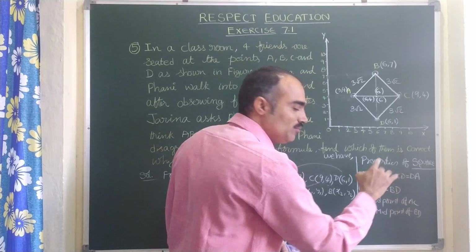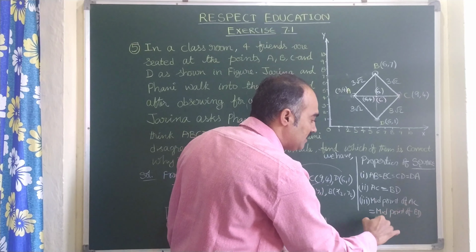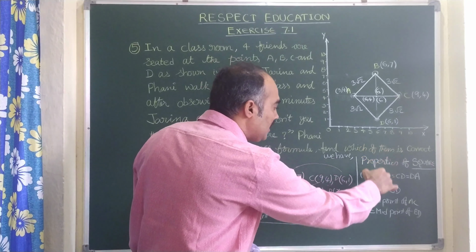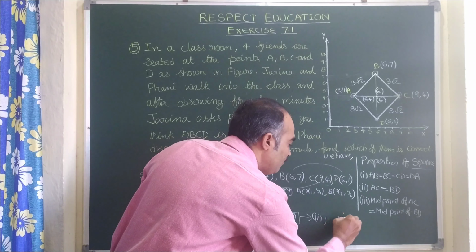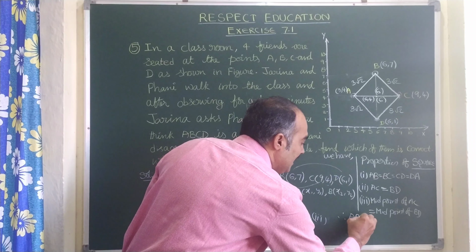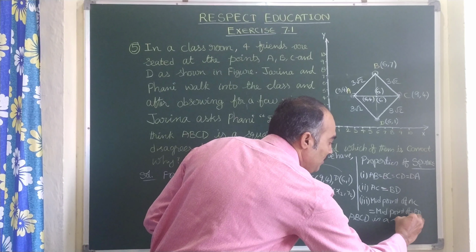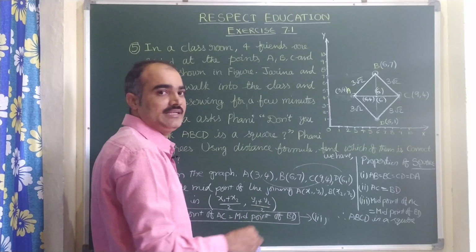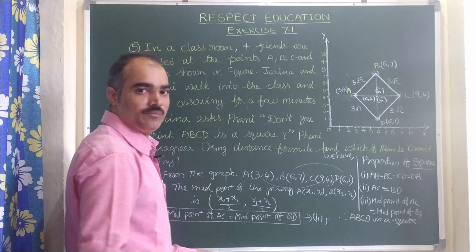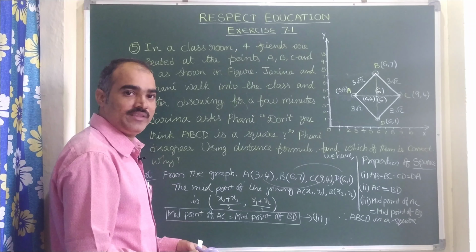Second, AC equal to BD. Third, midpoint of AC equal to midpoint of BD. So all the conditions are satisfied. Therefore we can say that ABCD is a square. Now the thing is, who is correct, Zarina or Funny?